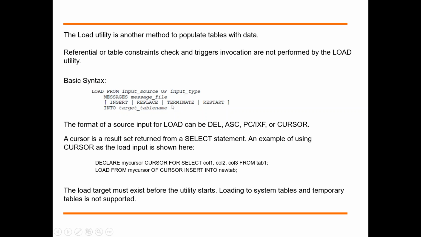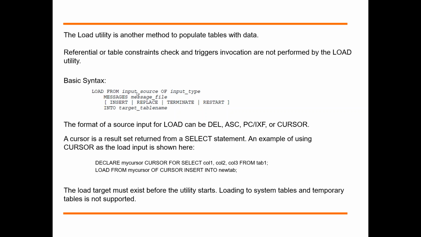Terminate is if there is currently a load running and you want to terminate it. Restart is if the load failed and you want to restart the load. If you look, there is nothing called insert_update. Import has that option, insert_update.